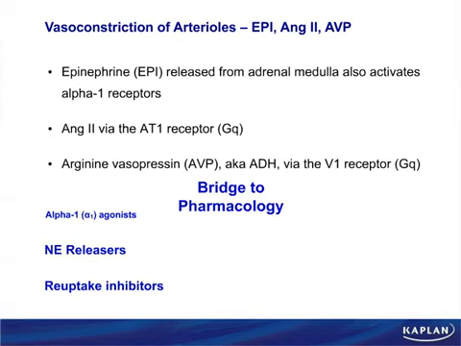Yeah. We could also block reuptake. Remember, we have to have a way to shut off neurotransmission. For noradrenergic neurons, the main mechanism stopping neurotransmitter activity here is reuptake of norepinephrine.